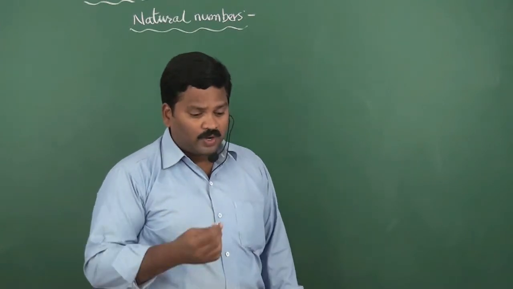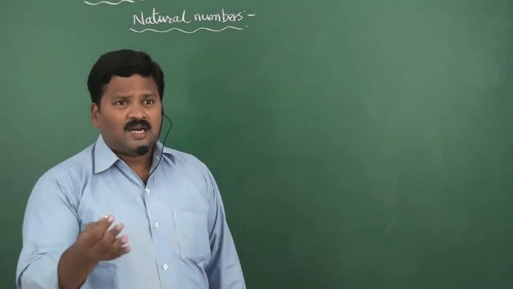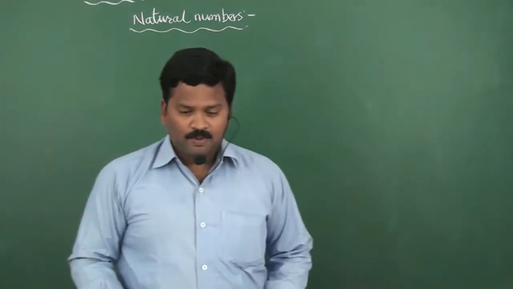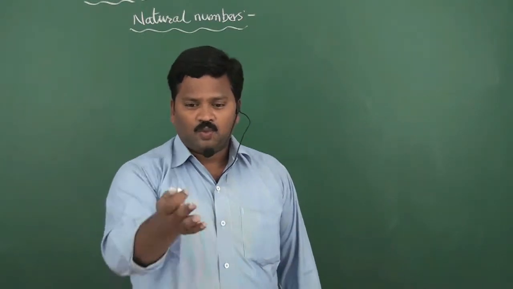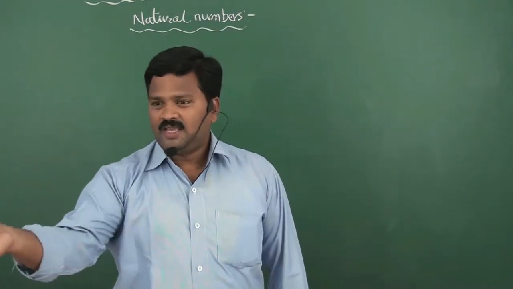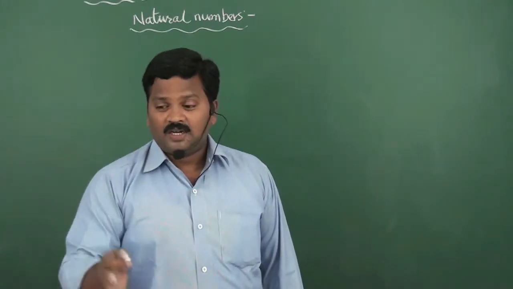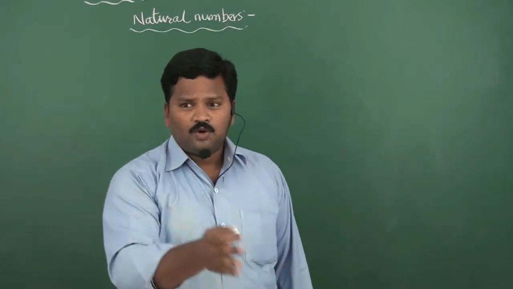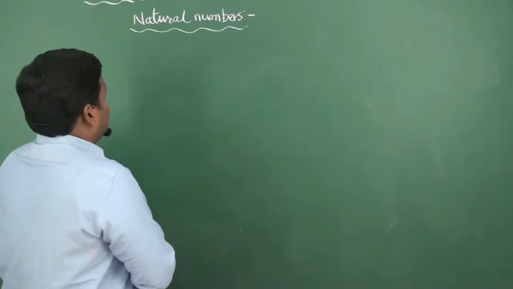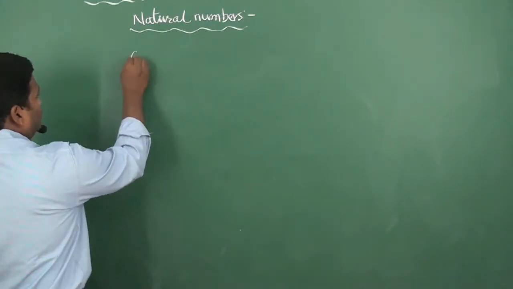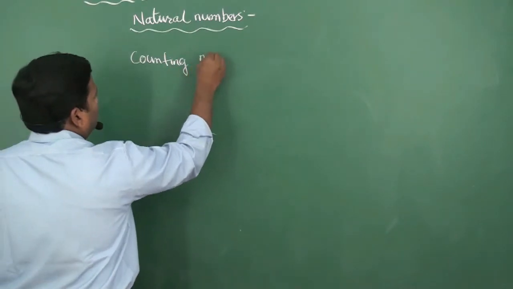Why are they called counting numbers? If you want to count something, you must start with 1. For example, if you want to count the boys in your class, we must start with 1, 2, 3, 4, like that. We cannot count with 2, 3, 4 or 0, 1, 2, 3. Isn't it? Therefore, these natural numbers are also called counting numbers.